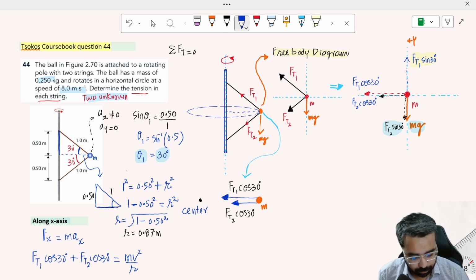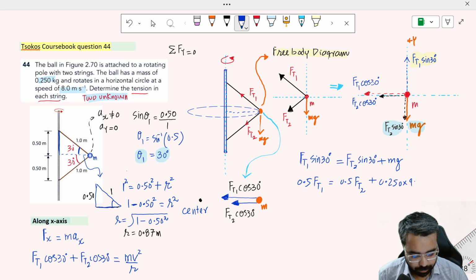So I can make another equation: FT1 sine 30 degrees must be equal to FT2 sine 30 degrees plus mg. Sine 30 is 0.5, so 0.5 times the force of tension 1 is equal to 0.5 times the force of tension 2 plus 0.250 times 9.8.